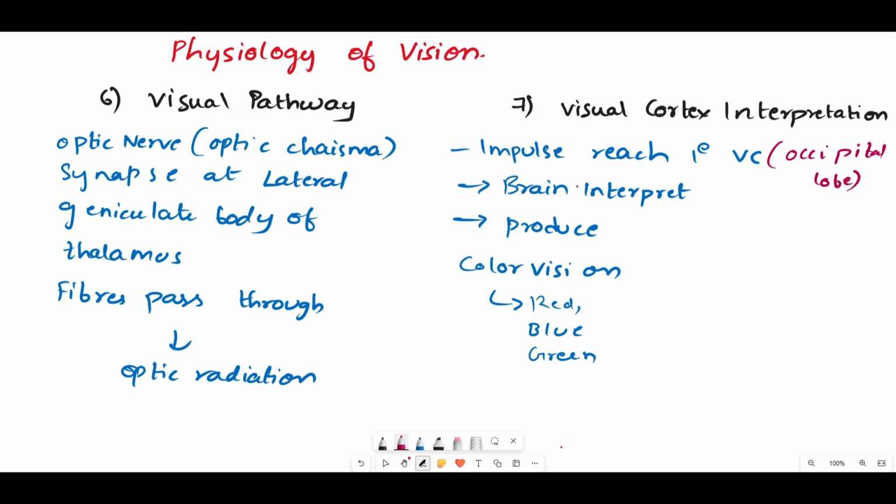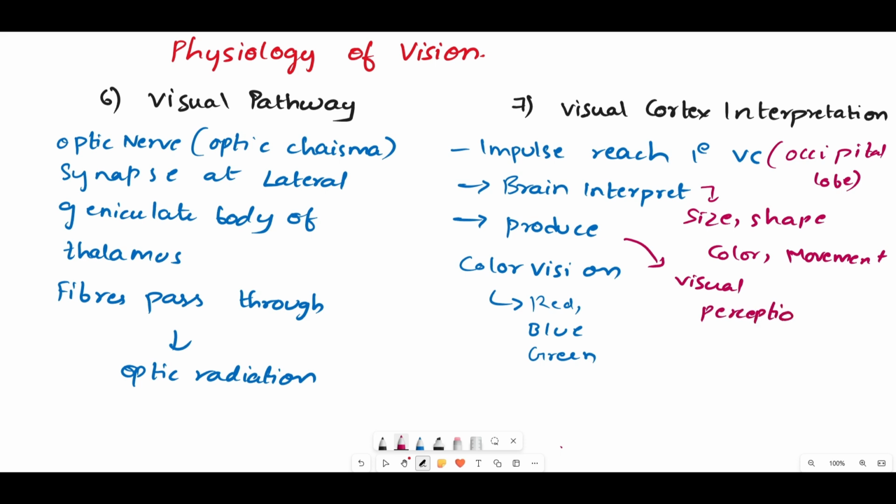Now here the brain starts interpreting the size, shape, color or movement. Then after interpretation, it produces the visual perception. Then we can see the color vision. It can be red, blue or green. And when there is a combined stimulation, all the colors can also be perceived.